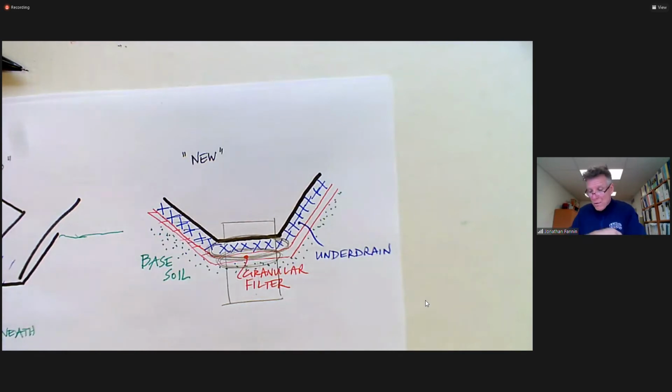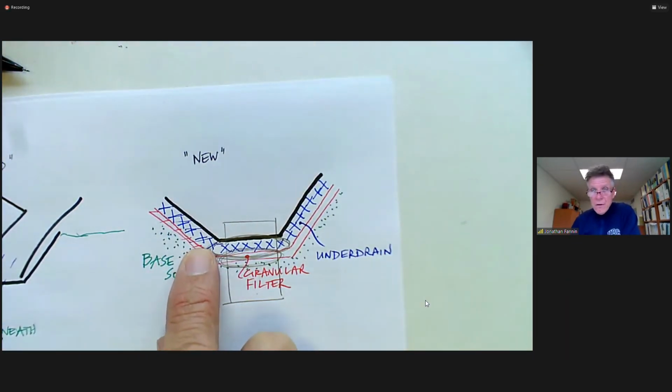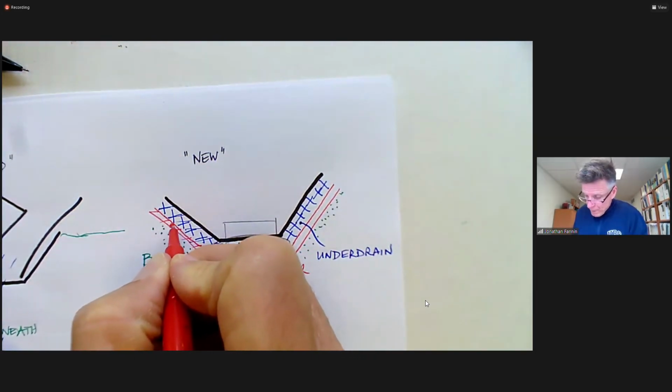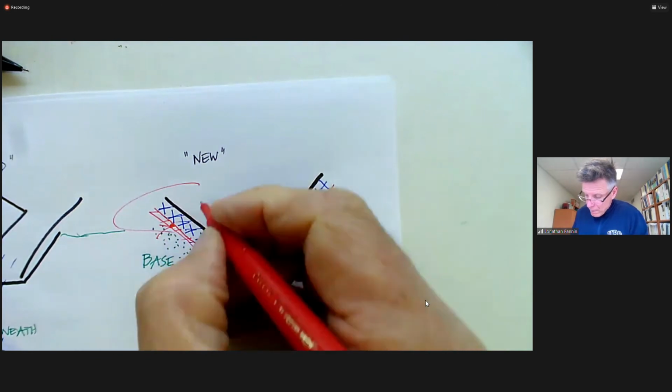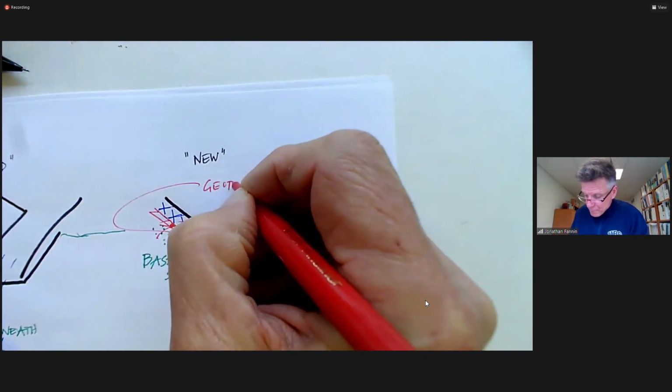And the foresight was, we doubt that the contractor is going to be able to achieve sufficient compaction to satisfy seismic design. And thus we need to examine the option of a geotextile filter.